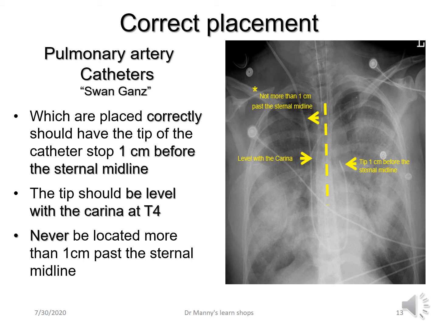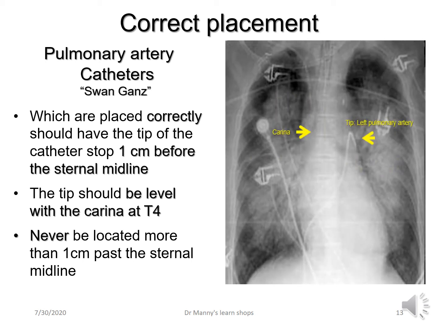However, if the catheter does pass the midline, it shouldn't do so more than 1 centimetre past the midline. If it does, it could potentially obstruct a vessel, which could cause pulmonary ischemia and possibly infarction. There's an example of a catheter that is going in the opposite direction, towards the left pulmonary artery.